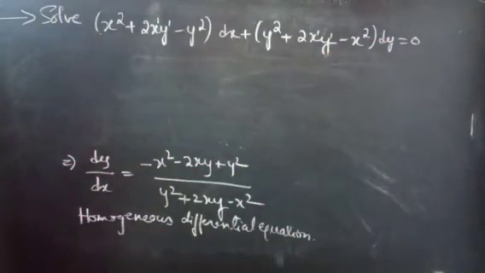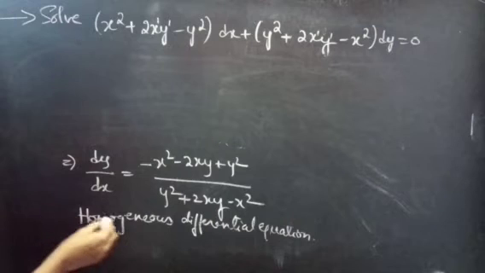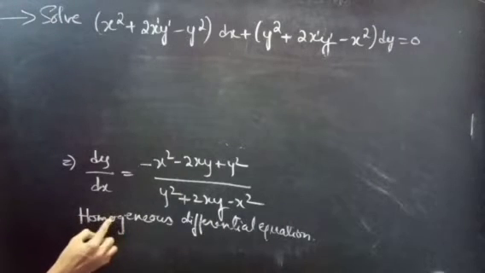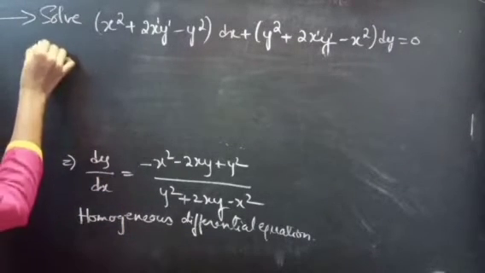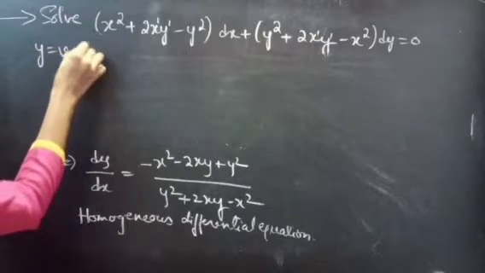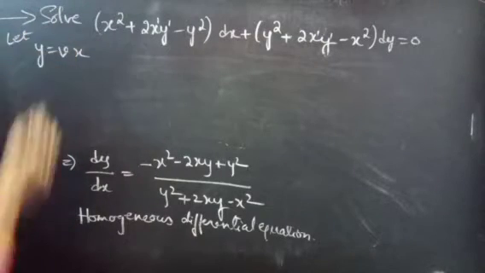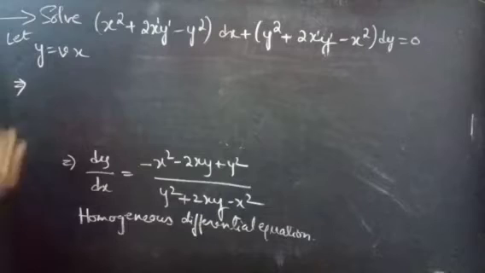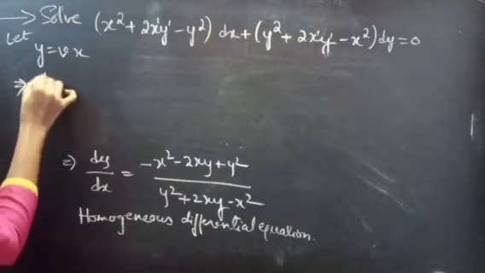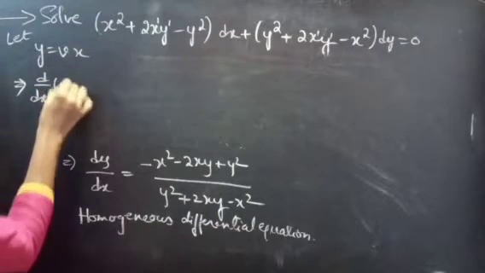Now we need to find the general solution to the given equation. So we'll proceed with the homogeneous method. Let y = vx. Now differentiate on both sides with respect to x.